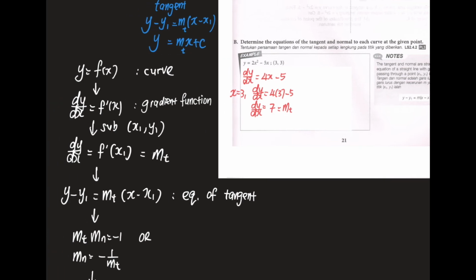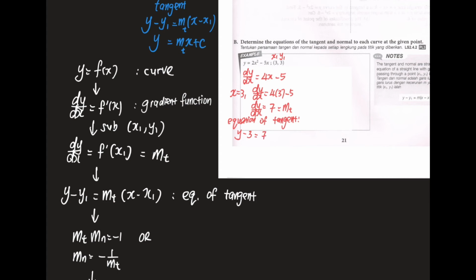So the next step, as you can see, we need to use the straight line formula to find the equation of tangent. Okay, so equation of tangent, y minus y1. So which is your y1 and x1? Basically it is the given point, this point, x1, y1.